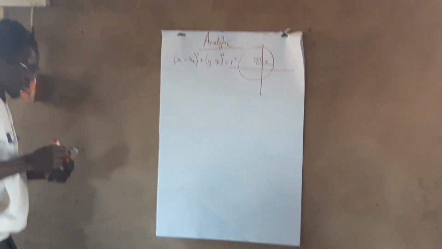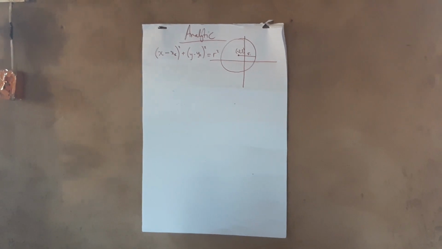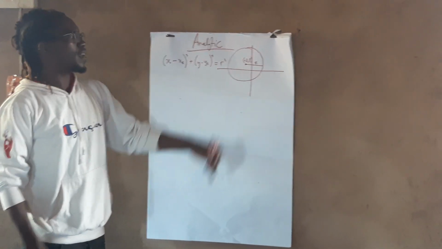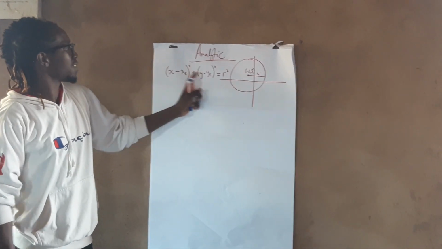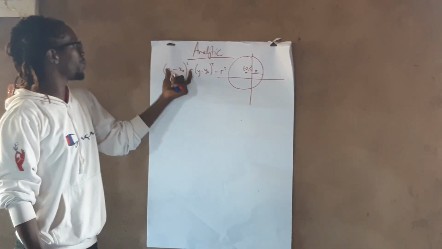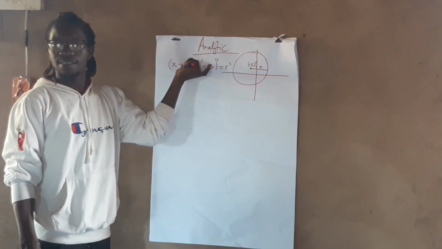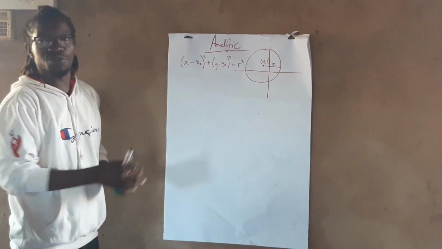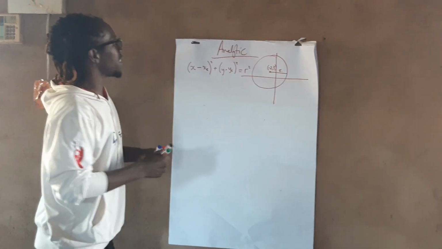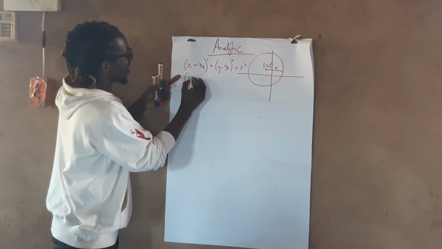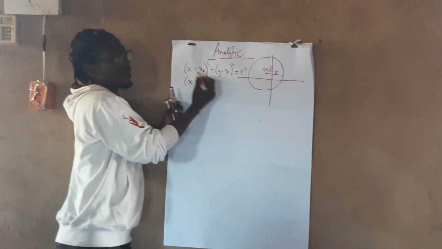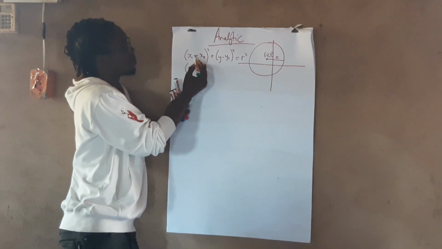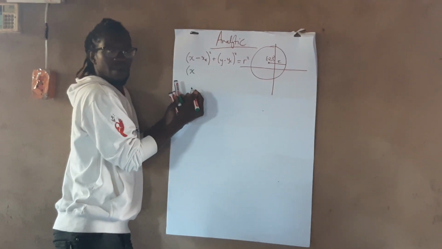What is the meaning of this? It means that if our center is somewhere else that is not the origin, the values of the center are put into this rule. Are we together? So the x value comes here as the opposite of what is given, because minus negative 2 gives positive 2.